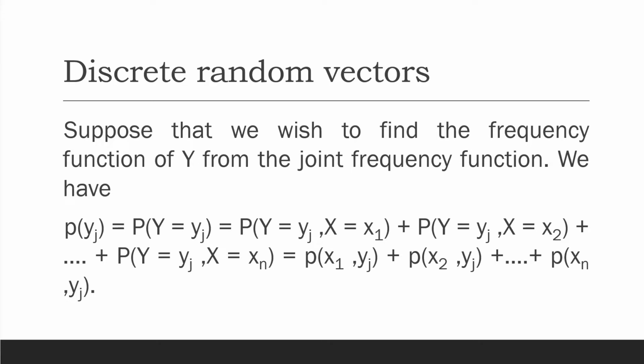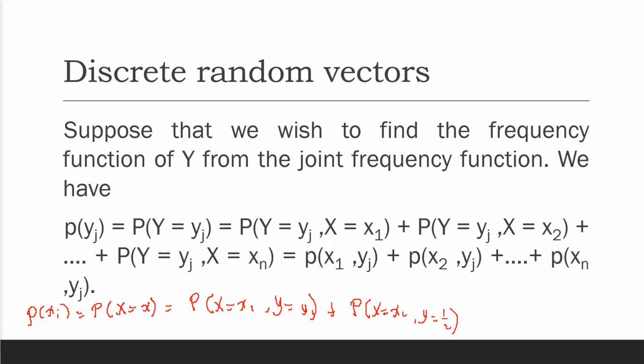Similarly, summing across the rows would give us something like this. p of x sub i is equal to the probability that X equals x sub i, and Y equals y sub 1, plus the probability that X equals x sub i, Y equals y sub 2, and so on, up to Y equals y sub m.